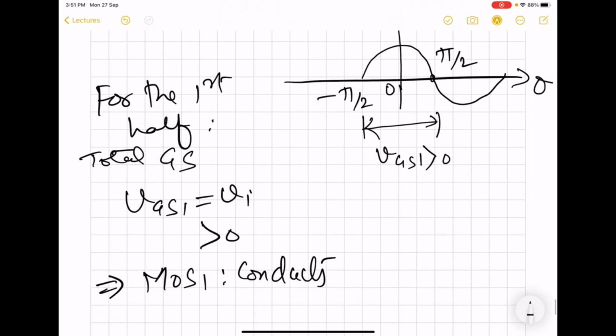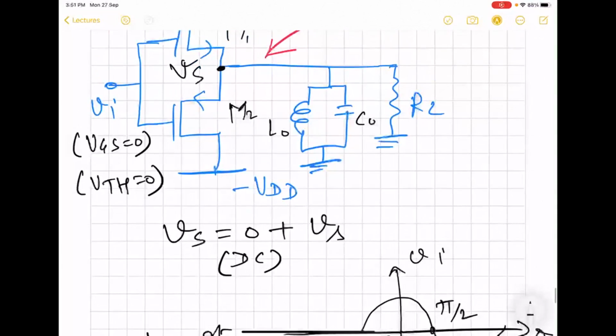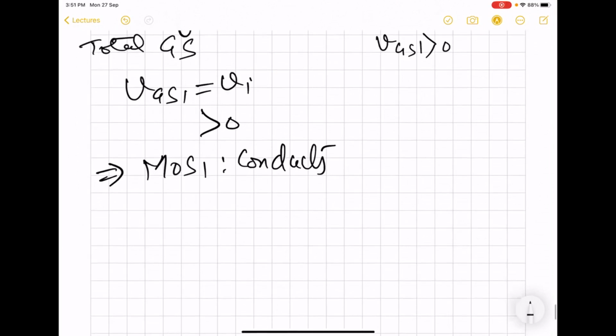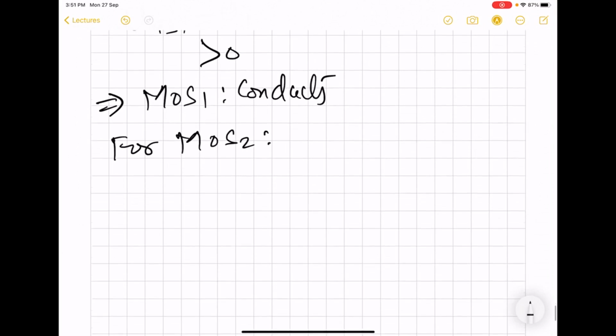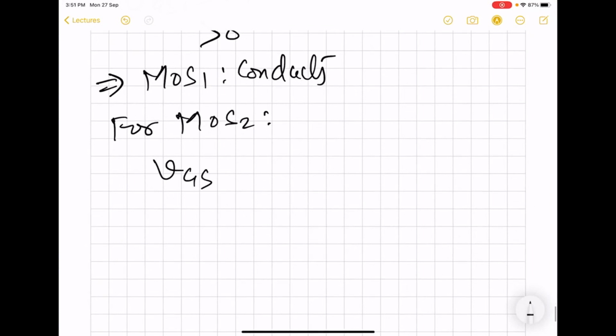Now during the same first half, we see that the gate of the second MOS is connected to a positive voltage, because input is positive at this moment and source is 0. So for MOS 2, the scenario is that gate to source 2 is equal to Vi, which is greater than 0, that means it is going to be off.